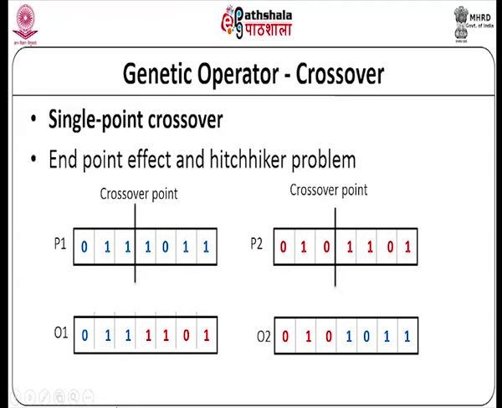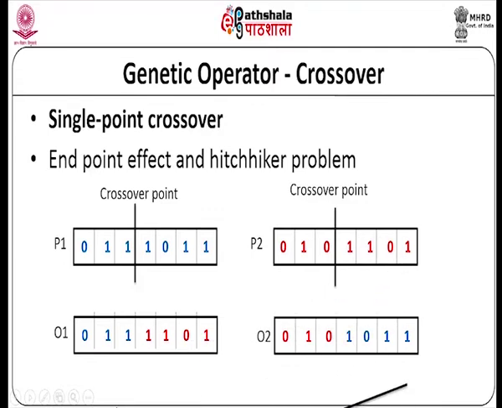But after the crossover point, it gets the next half from the second parent. So the first half of the first parent goes to the first offspring, and the second half after the crossover point, here there are only 2 parts, goes to the second offspring. In the second parent, the first half goes to the second offspring, like this, and the second half goes to the first offspring, like this.